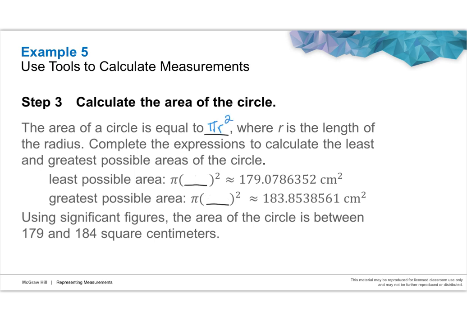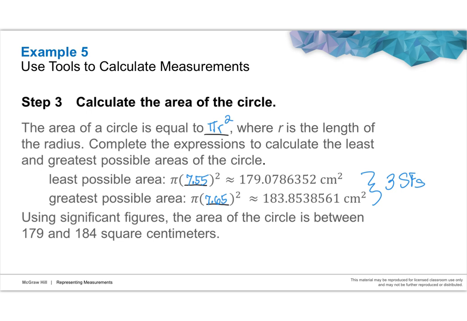And when we take pi times 7.55 squared, we get approximately 179.0 and more digits, and our greatest possible area being pi times 7.65 squared. And we can see we have 183 point, lots of decimals, but we need to talk about taking each of these values, remember, to our 3 sig figs.